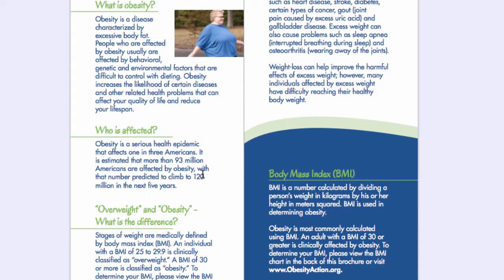And that last part, which says that the number of affected people is expected to climb to 120 million in the next 5 years, catches my eye because it's an explicit claim, and it's a nice example of an explicit claim of fact that is arguable, right? It's a prediction about the future, and it's based on analysis of recent historical trend lines and current trends, but it's no doubt also based on all sorts of assumptions about what will continue in the future.